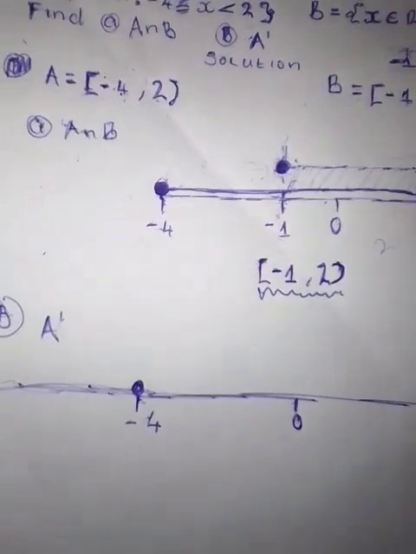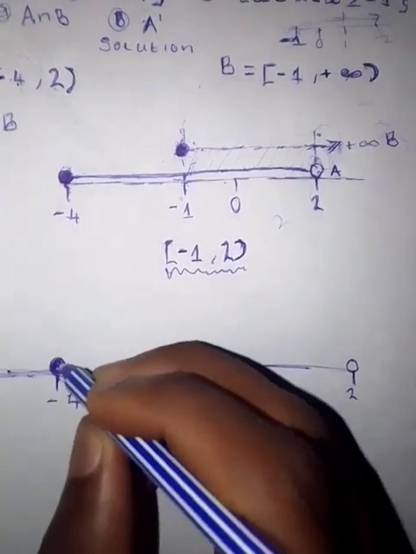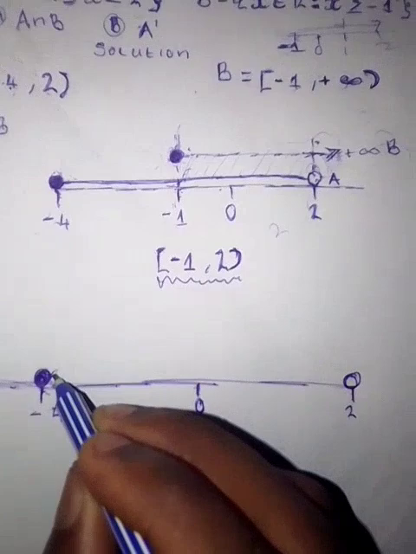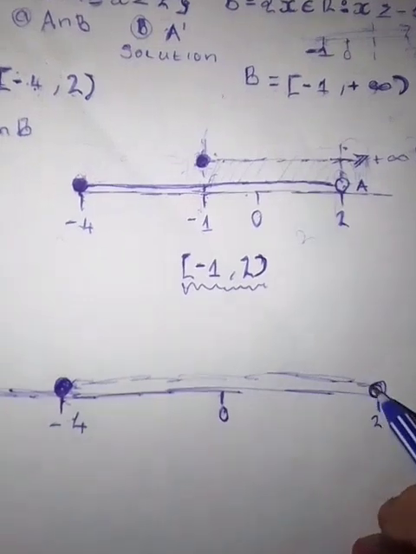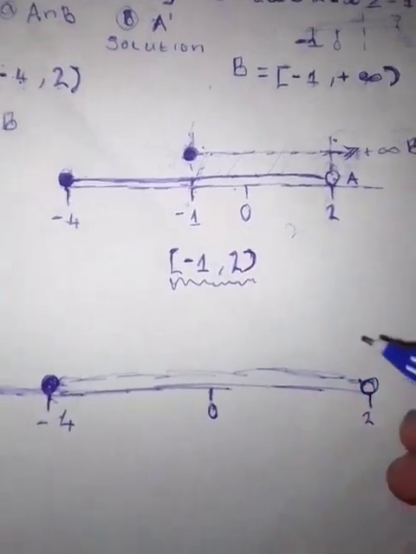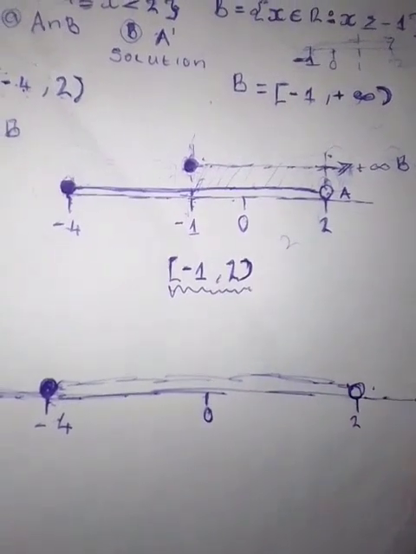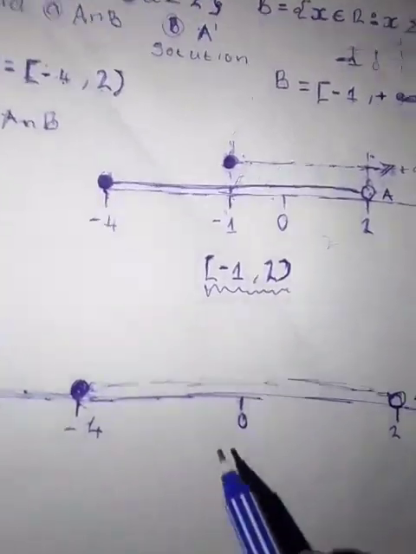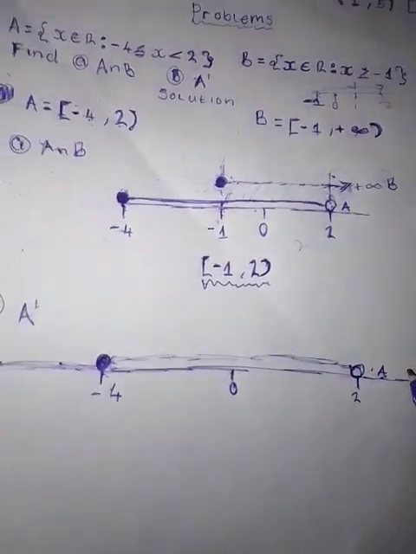Okay, so you draw a bubble, then you join them like this. So now, after you join them, you can say this is set A. When we try to show set A on the number line, it will look something like this.